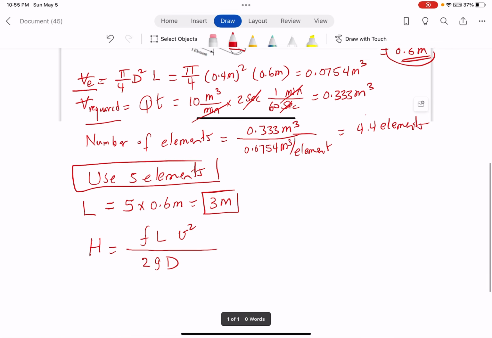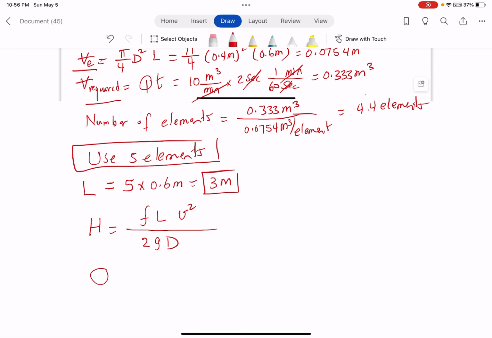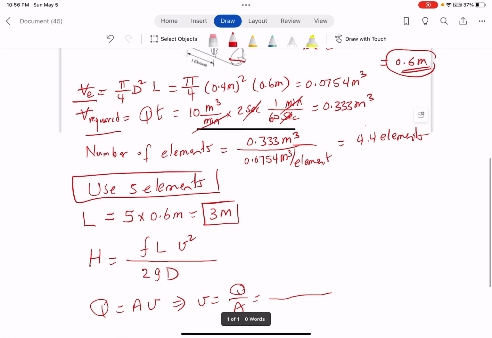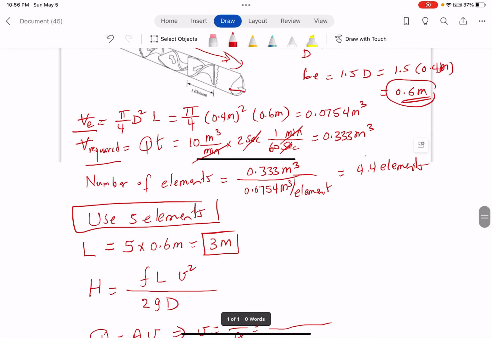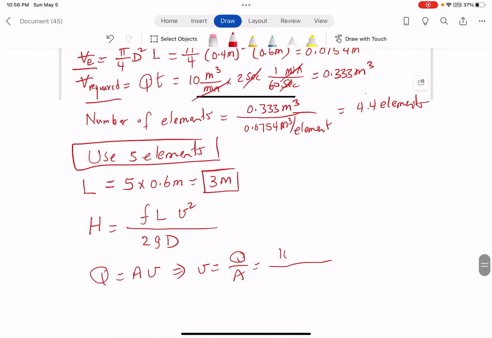Let's find the velocity. Remember from continuity, Q is equal to area times velocity, so velocity is Q over area. Q we have, 10 meter cubed per minute. The area is pi over 4 d squared.